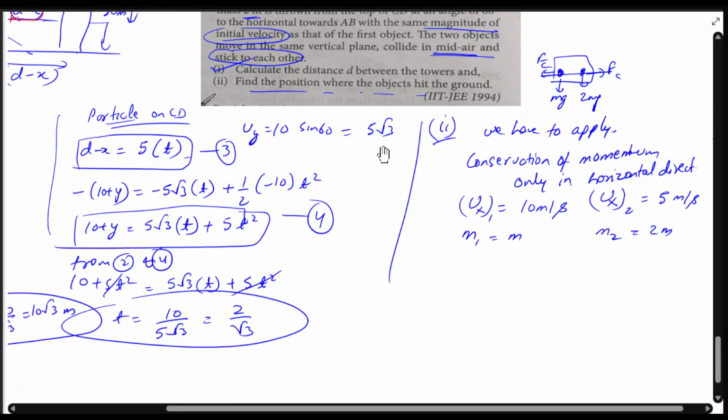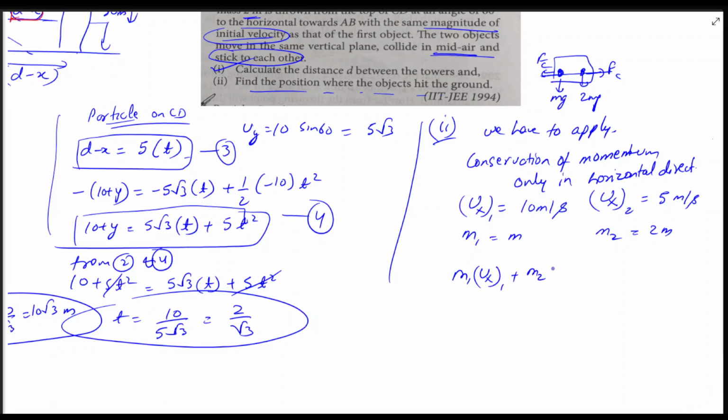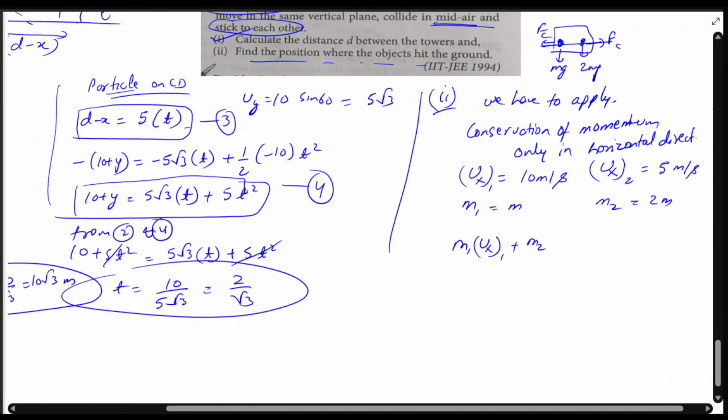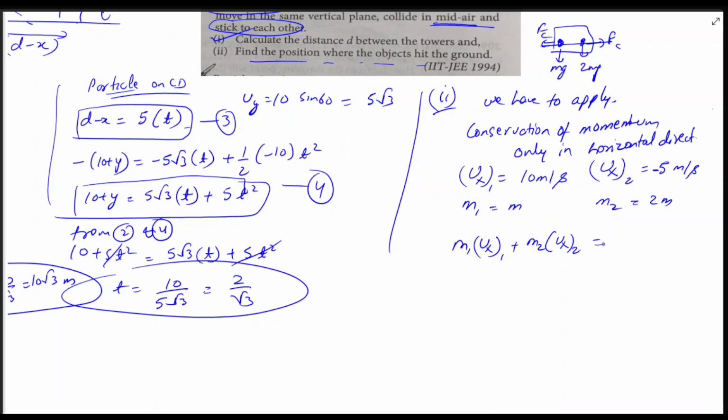Okay, perfect. Now let's write m1 ux1 plus m2. Now look, this particle is going this way, so let me write this as minus m2 ux2 equals m1 plus m2 into Vx. We'll get the final velocity in Vx only.